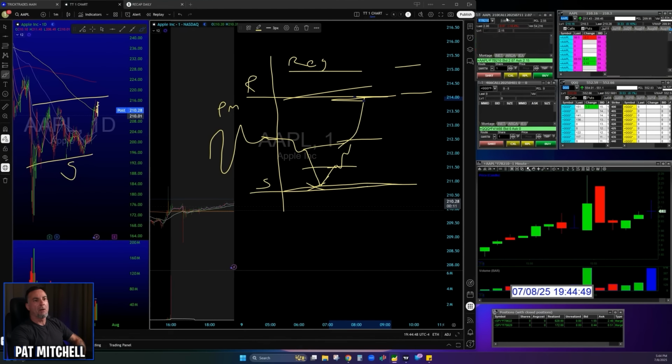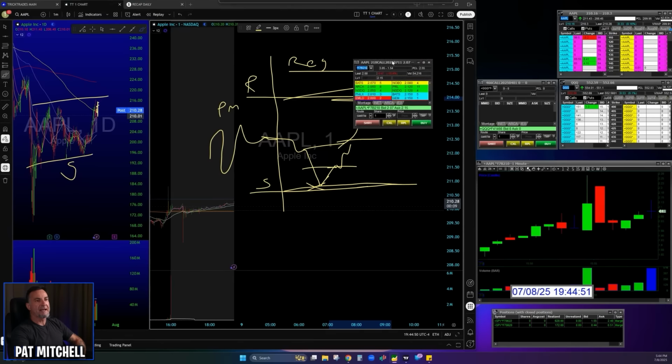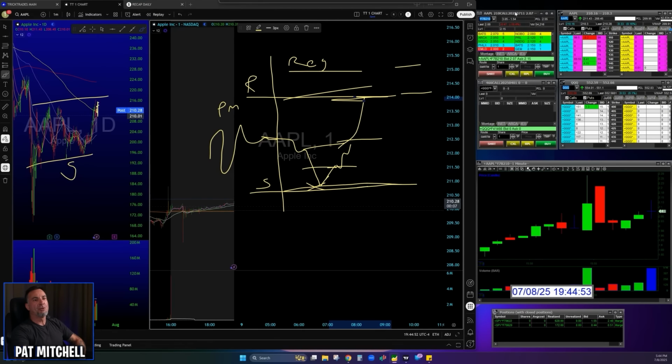Now let's talk about what this is. What is this? That is a level 2. Level 2 and order manager, okay? That's where you, on the left is the bid, on the right is the ask. That's just orders that are out there, guys. I always mark it in. I don't use limit orders.